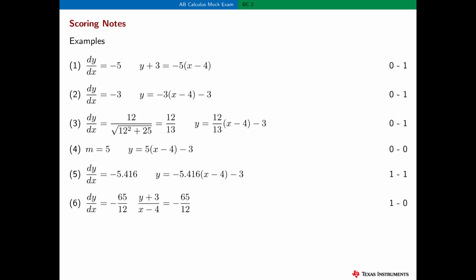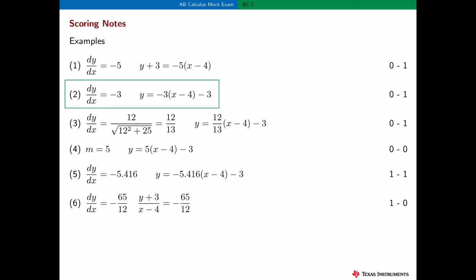Here are a few more example student responses to help clarify these scoring guidelines. In example 1, the student has an incorrect slope labeled correctly, and the line presented does pass through the point (4, -3). So this response does not earn the first point, but earns the second, or it is scored as a 0-1.